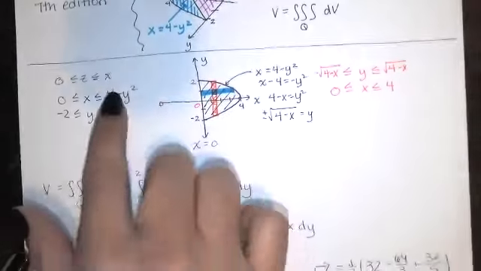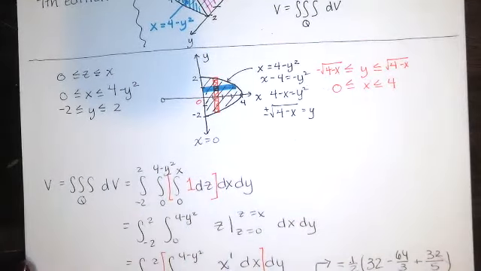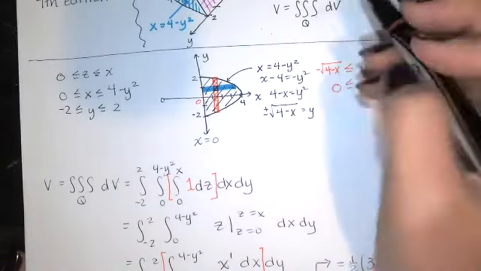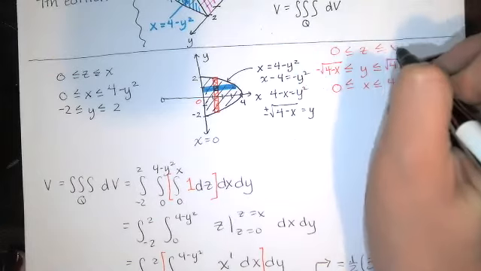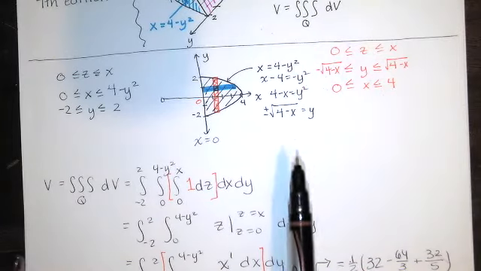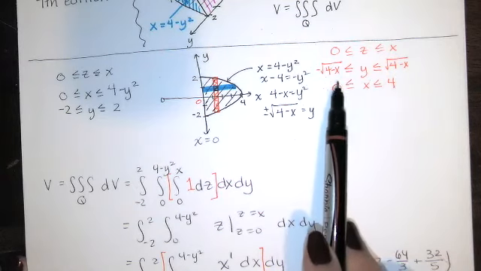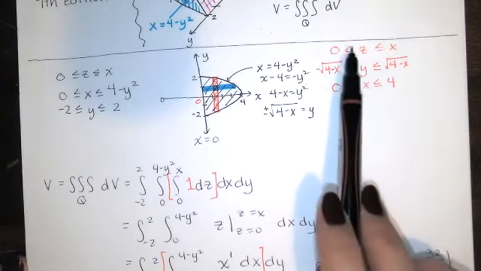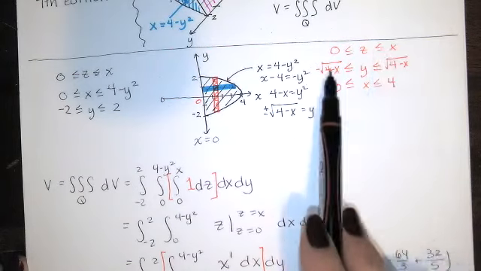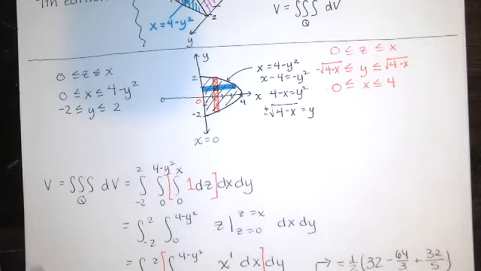Now, we evaluated the integral using these bounds, but we could have just as easily evaluated the integral using these bounds combined with this. Z goes from 0 to x. In this case, I would need to integrate either with respect to y or z first, because the bounds for both of them depend on x, and we have to integrate with respect to x last.